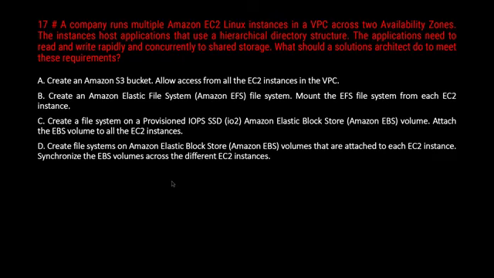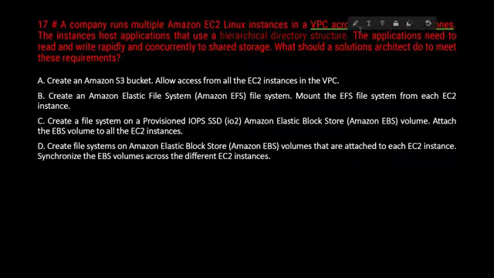Question number 17. A company runs multiple EC2 Linux instances in a VPC across two availability zones. The instances host applications that use a hierarchical directory structure.